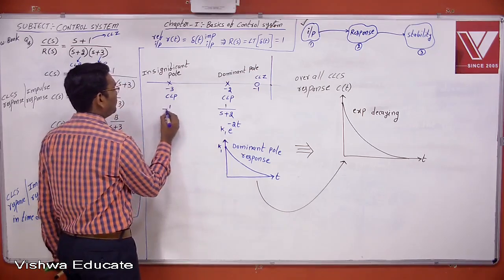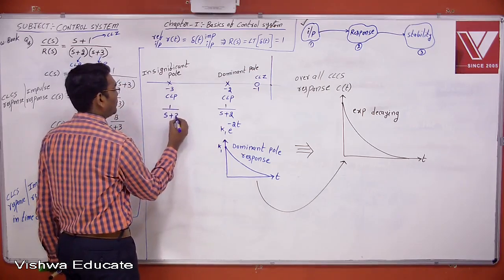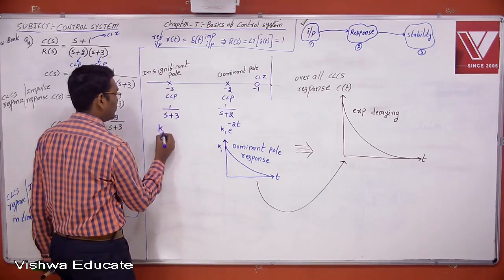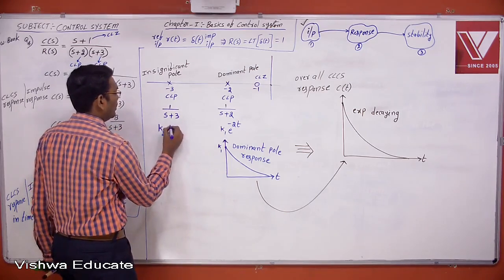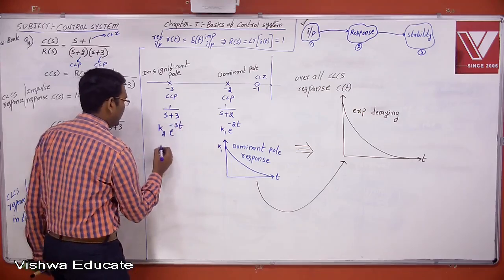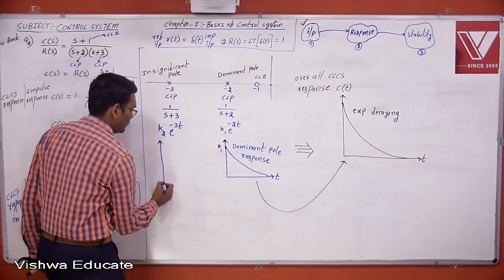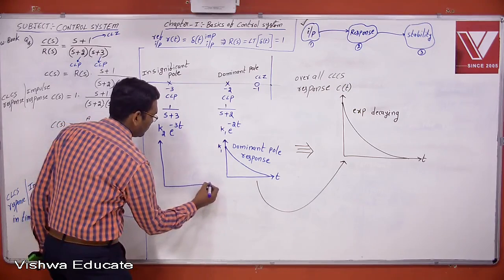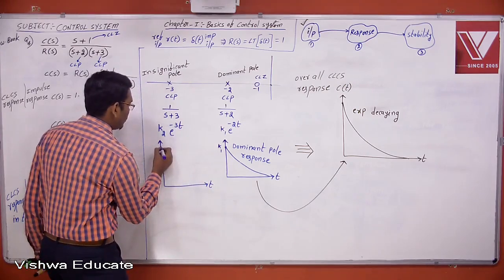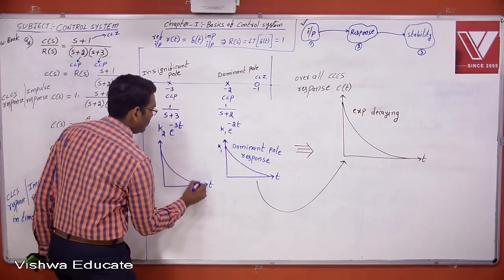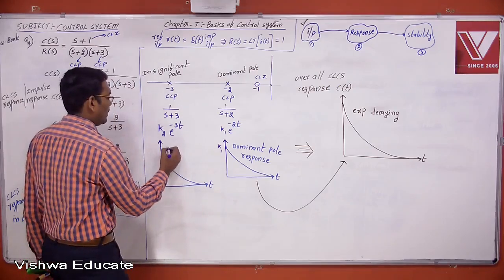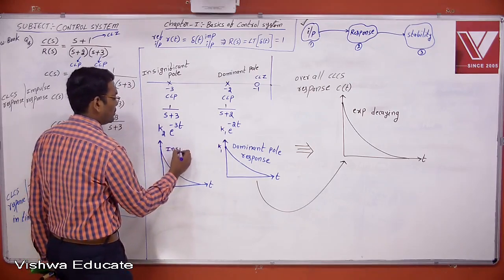The insignificant pole transformation is 1 by s plus 3, and its inverse Laplace transformation is k2 times e power minus 3t, and the response is exponentially decaying.